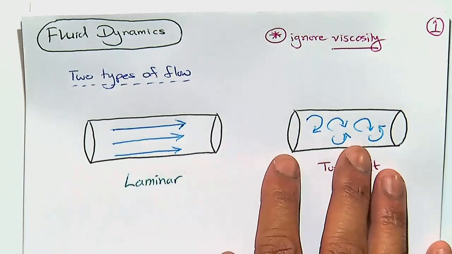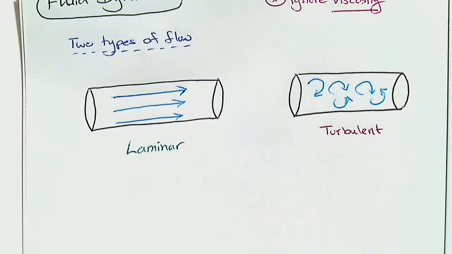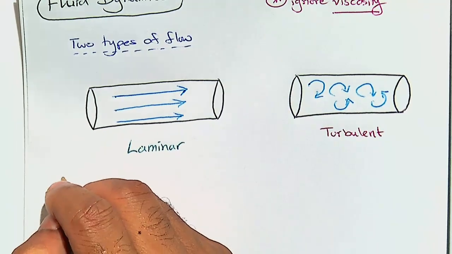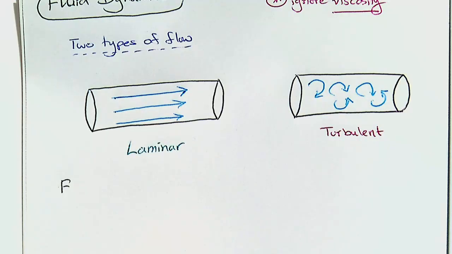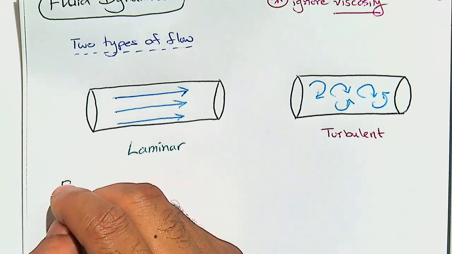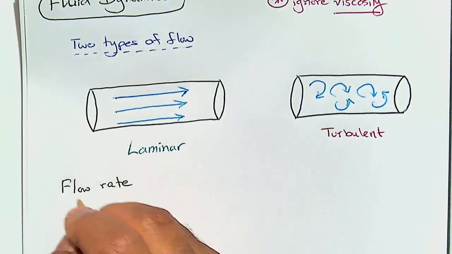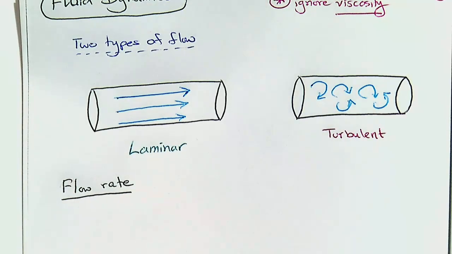Okay, so let's talk about flowing across a tube, right? One of the things that you may want to know if you're talking about blood flow through your body, or an IV that you're connecting to a patient, for instance, is the flow rate, right?